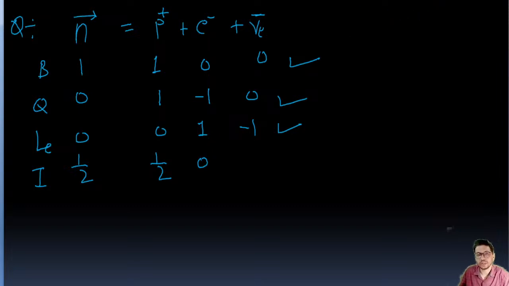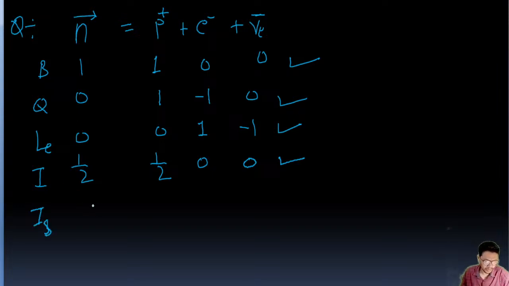For the neutrino it is also 0. So this is conserved. Now we'll find I3.